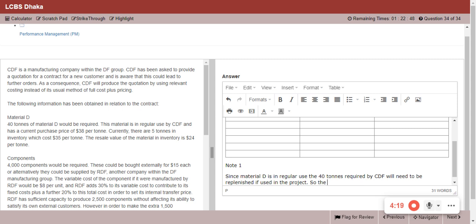So the purchase price is the relevant cost. Price is relevant. I'll just bracket here what the purchase price is going to be. So the current purchase price is $38 per ton into 40.